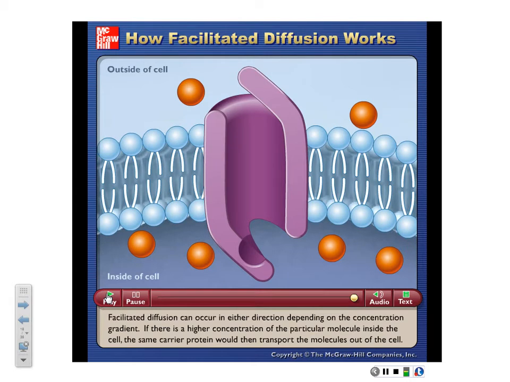Because you're moving something against its concentration gradient. Like for instance, in the small intestine, you've eaten your meal and you've got a whole bunch of glucose and you've absorbed all the glucose from the cell. At some point, there will be a lot more glucose inside the cells than in the small intestine, right?